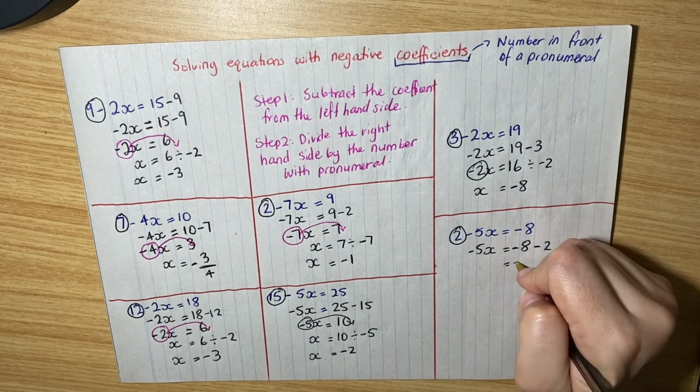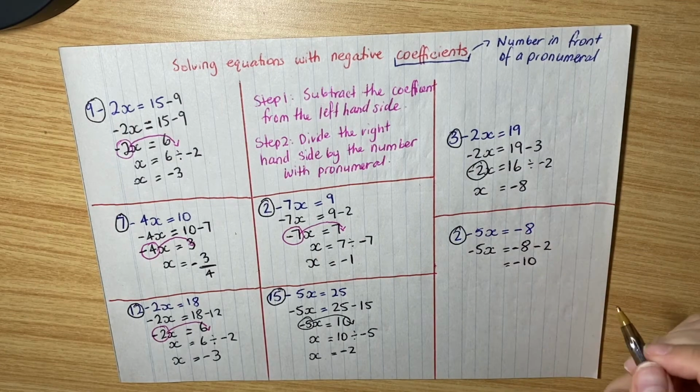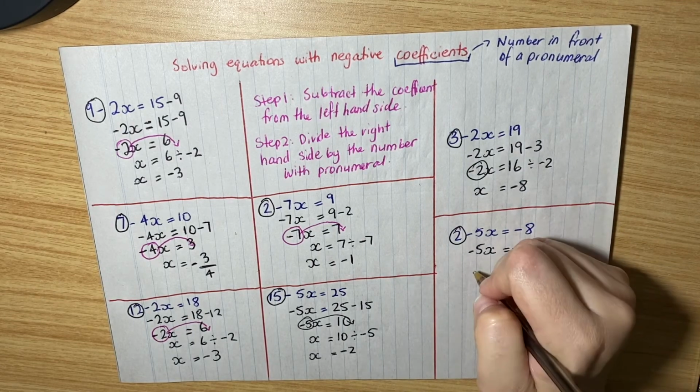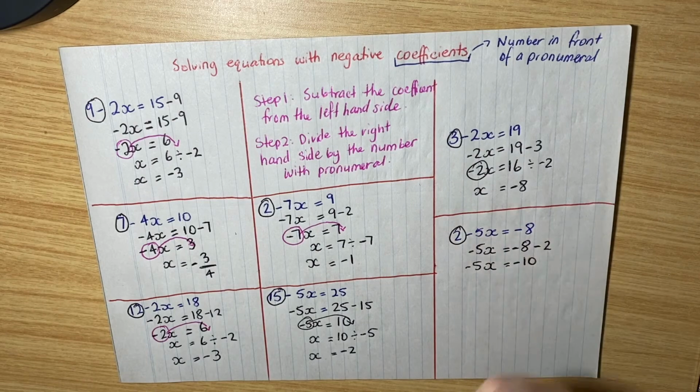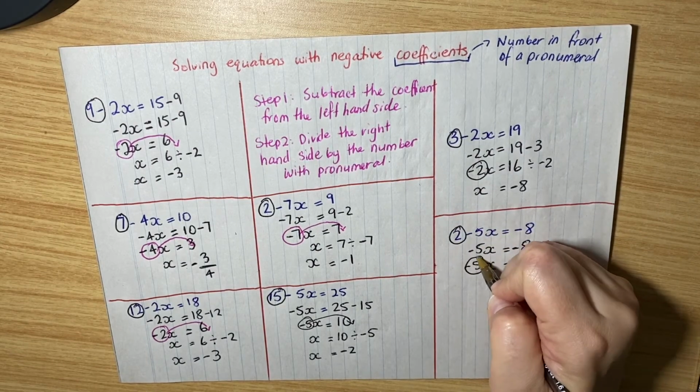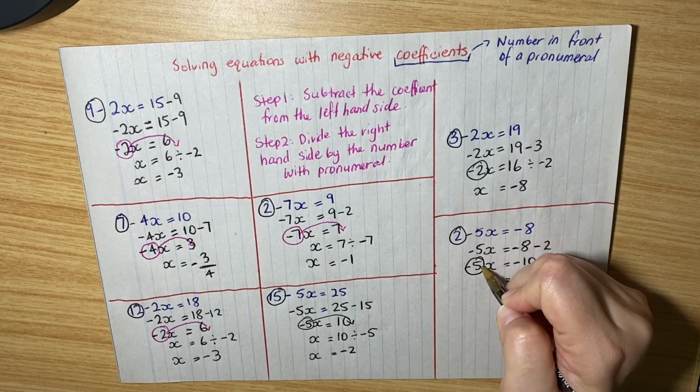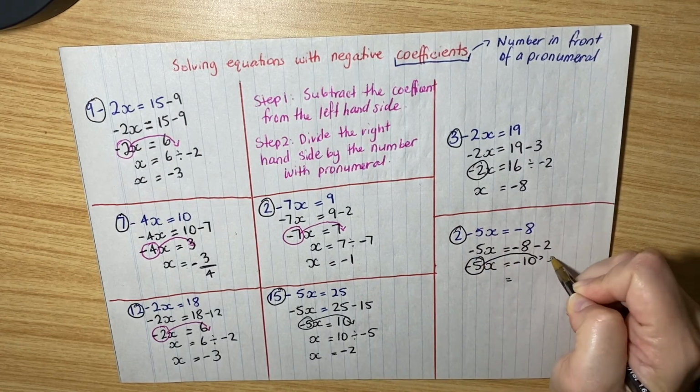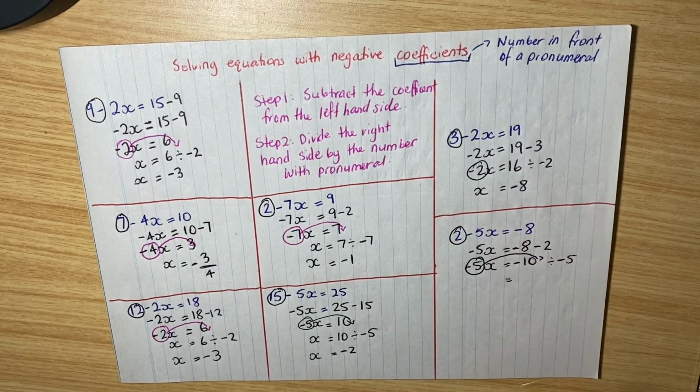Yep, minus 10, okay, and then so we have minus 5x equals minus 10, and then what we're going to do here is move the minus 5 to the right-hand side, and so we get minus 10 divided by minus 5.